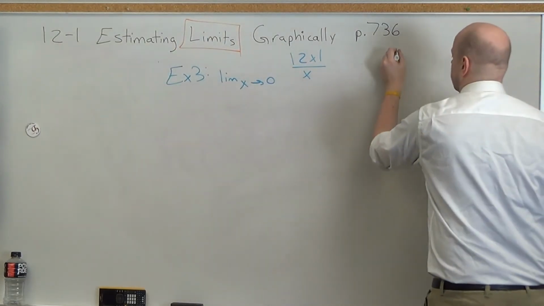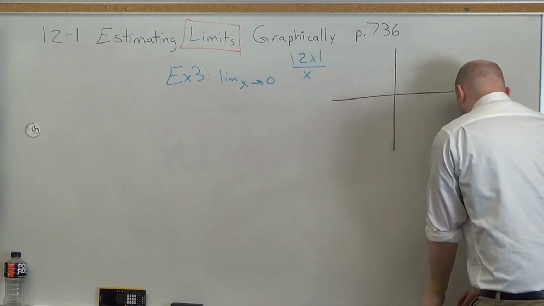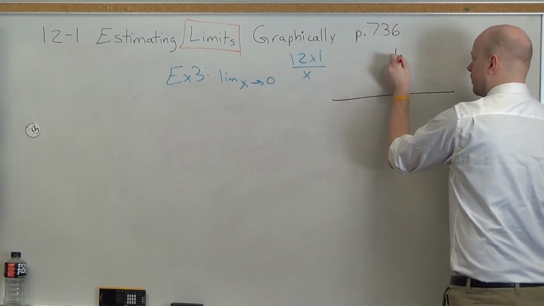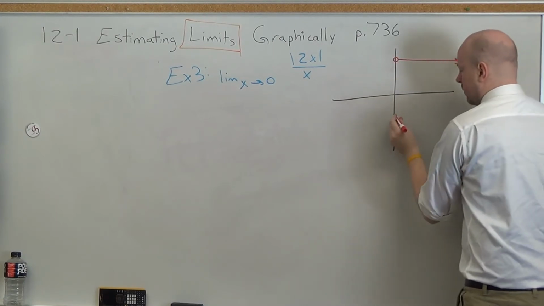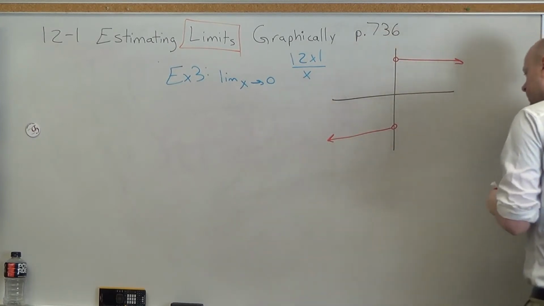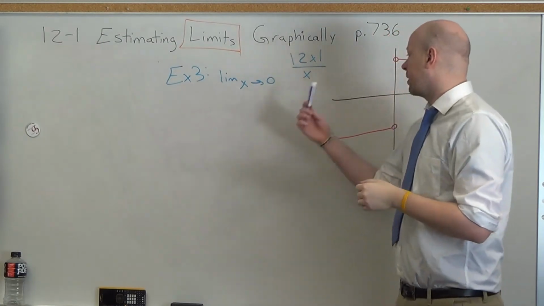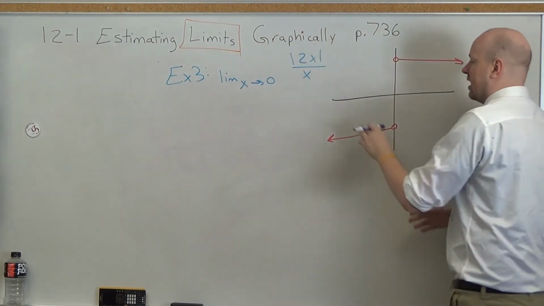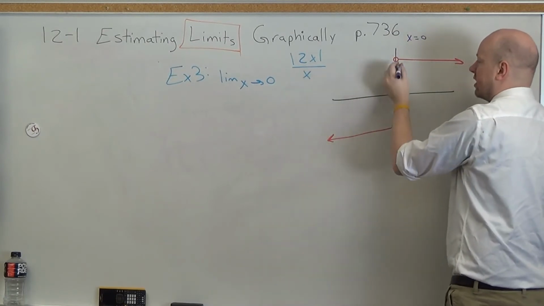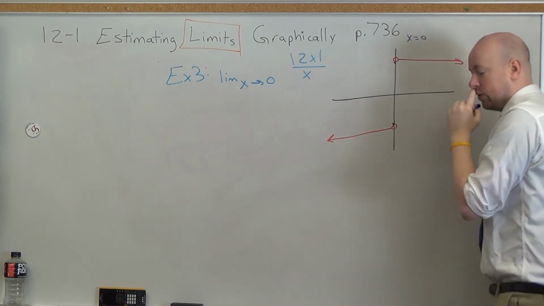If I were to graph this, and I were to start plugging in values, I would get a very interesting graph that would look like this. We can all see that x is 0 is not going to work because I'd be dividing by 0, right? So I'm going to have a hole in my graph.